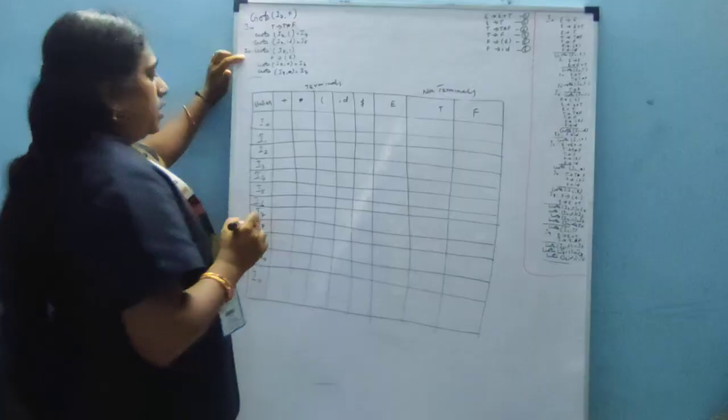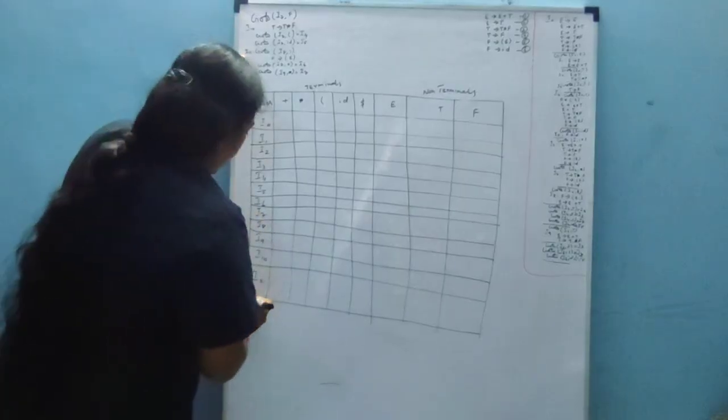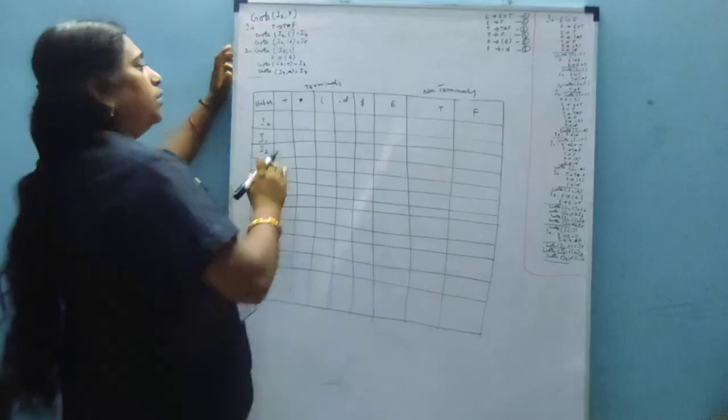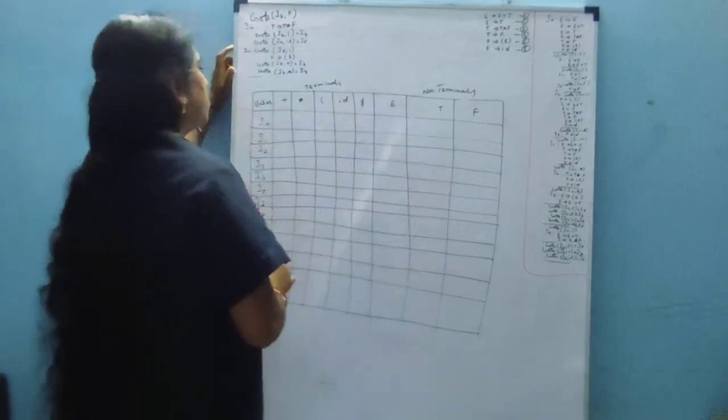Because the 11 state is present, I am writing the 11 state here. Now we have to fill in all the values.